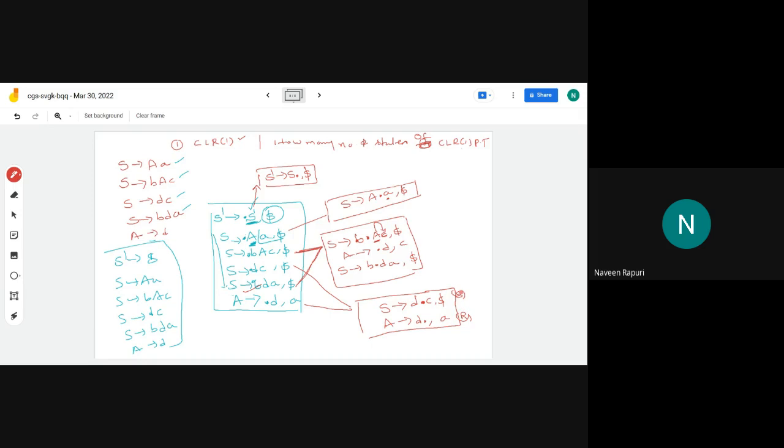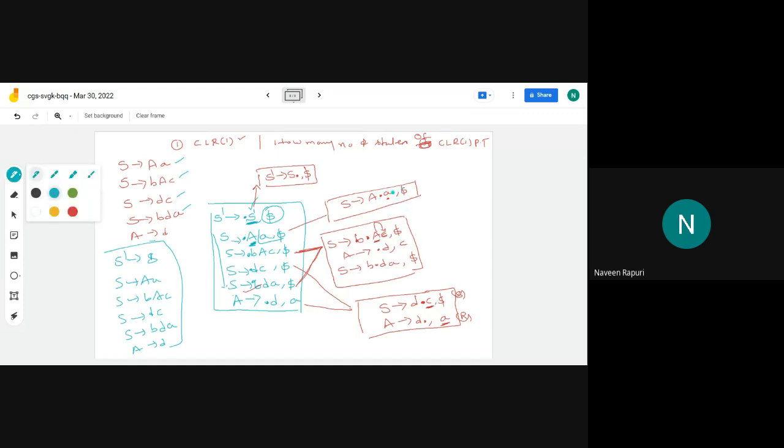But the shift symbol C is not present in the look ahead symbol of the reduced production. That's why that is not a conflict.